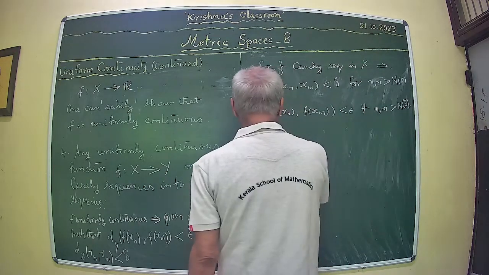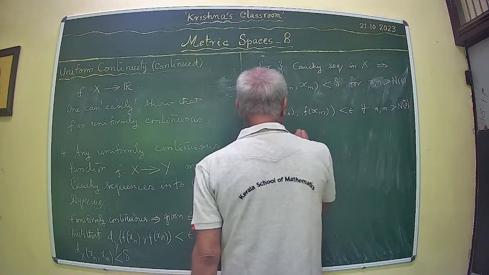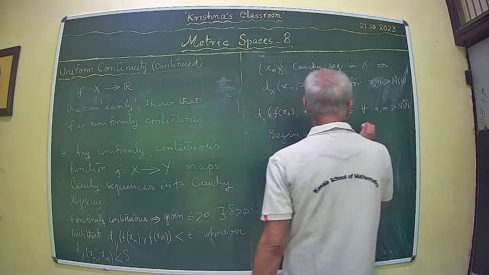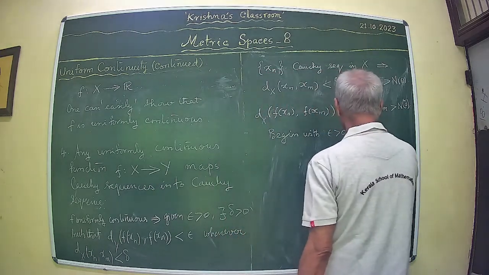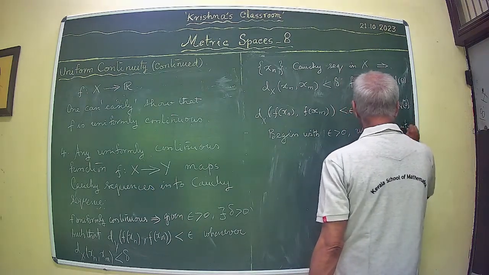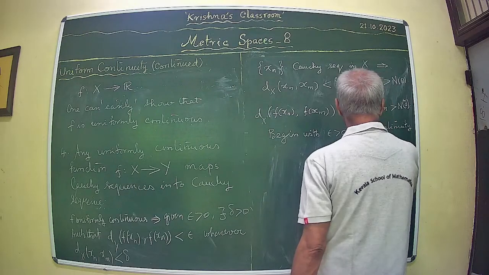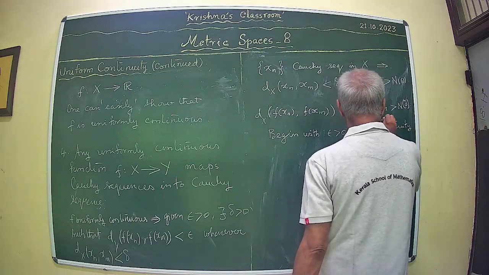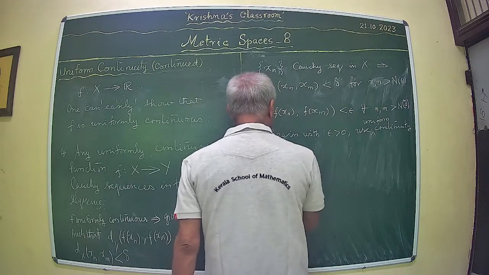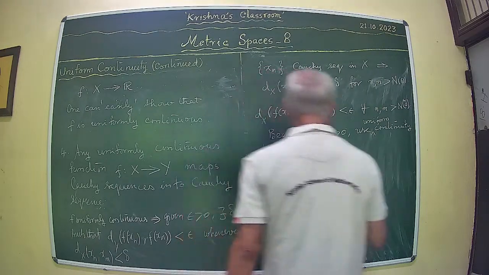So begin with epsilon and use continuity to fix delta positive.